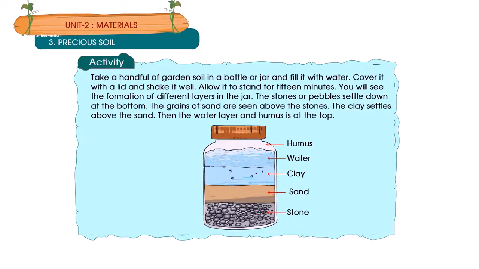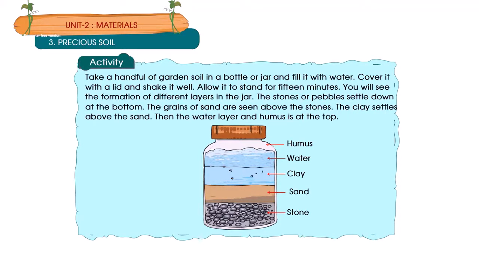Activity. Take a handful of garden soil in a bottle or jar and fill it with water. Cover it with a lid and shake it well. Allow it to stand for 15 minutes. You will see the formation of different layers in the jar. The stones and pebbles settle down at the bottom.